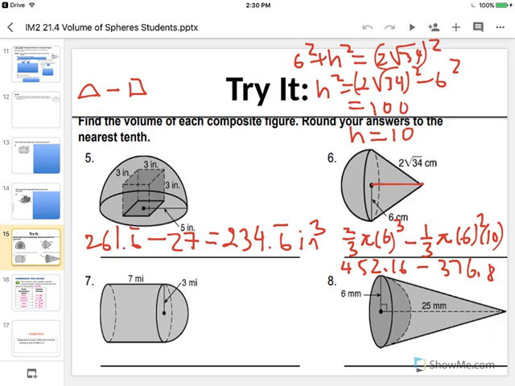Okay, I made a mistake here. This should be a plus, right? We add them together, not take them out. So when we add those two, the volume for this one should be 828.96 centimeters cubed.